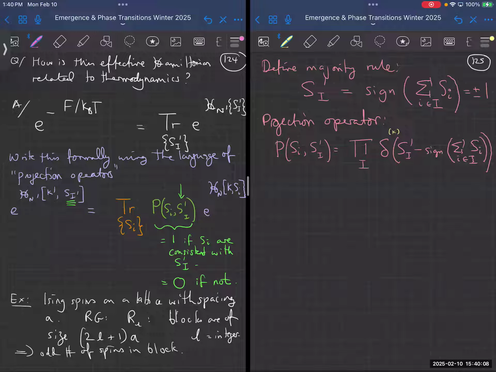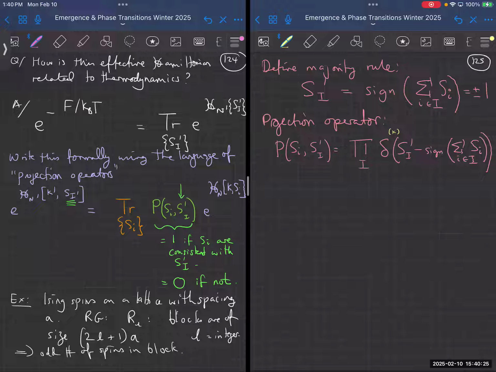It will be 0 if I sum and don't get the value I want, and if I do get the value, then I get 1.